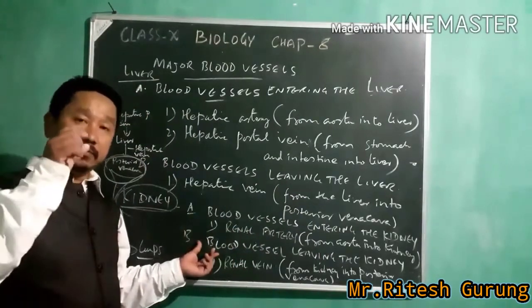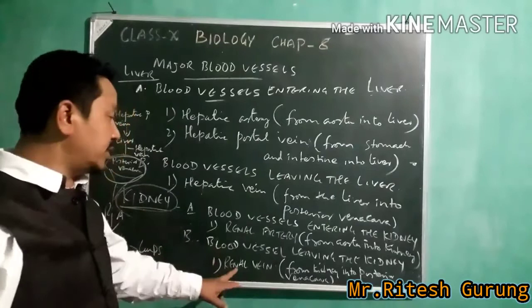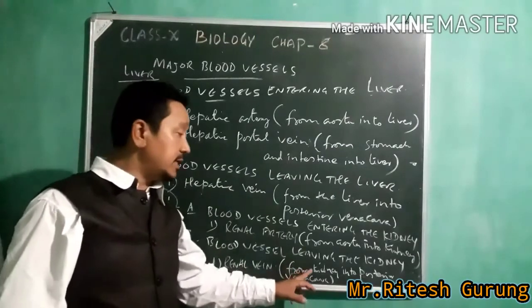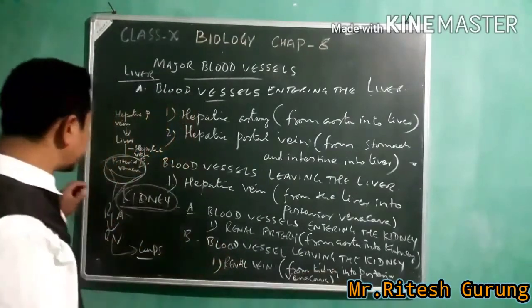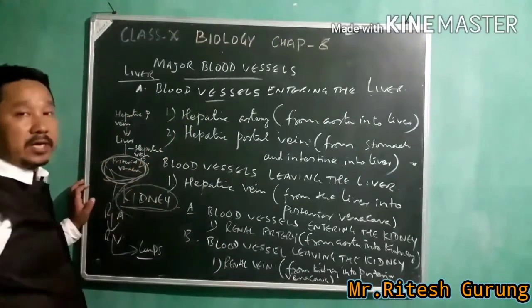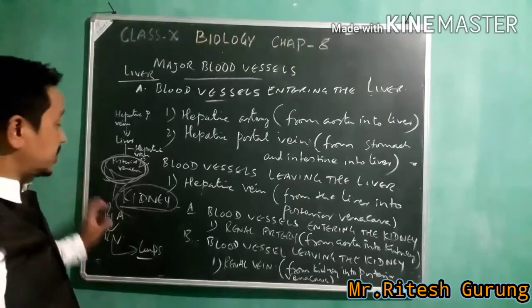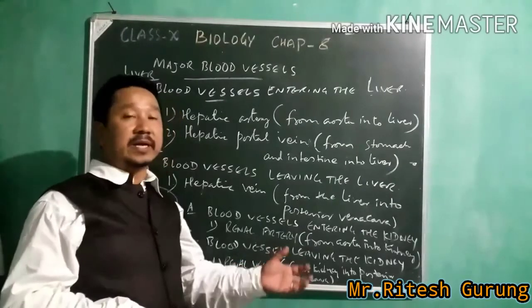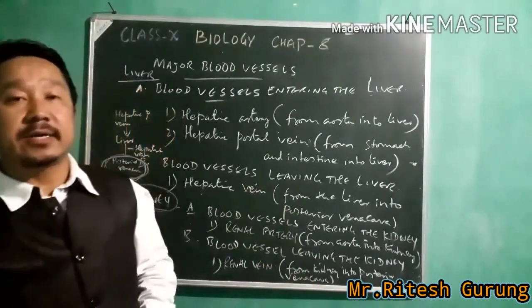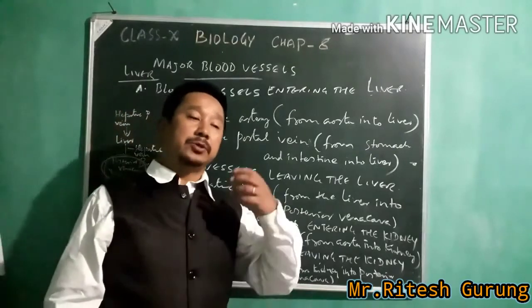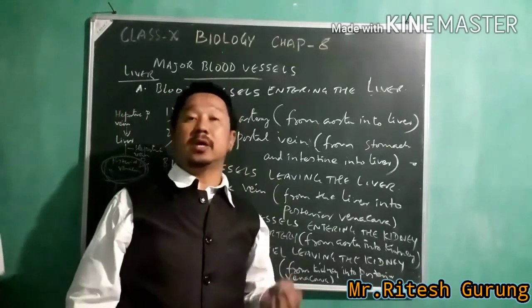Similarly, the blood vessel leaving the kidney is your renal vein. From the kidney, where? To the posterior vena cava again. From the kidney the impure blood will be collected by the posterior vena cava, and from there it goes to the right auricle, from right auricle to the right ventricle, from right ventricle to the lungs for purification.